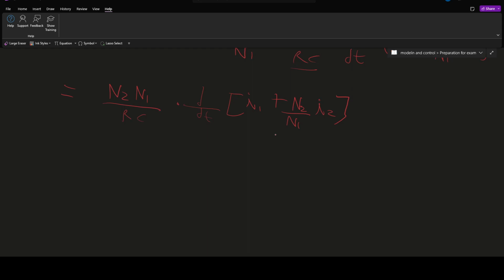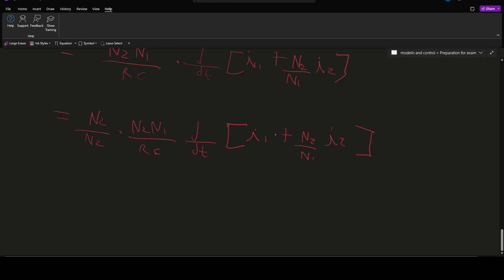We are trying to get the ratio over this one. So we are gonna multiply both sides by N2. Again, this does not change the term because we are just multiplying by 1.